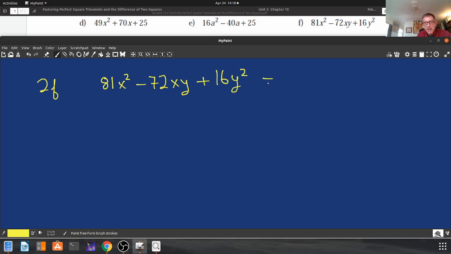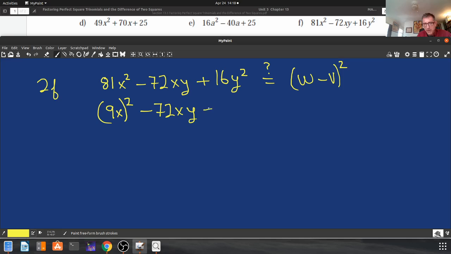So is that equal to a W minus V squared? Can I find a W and a V that'll make it so? Well, the square root of 81 is 9, and the square root of x squared is x. So I can write the first term as 9x squared. Don't do anything with the 72xy.